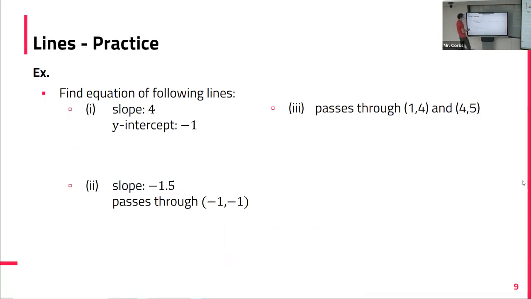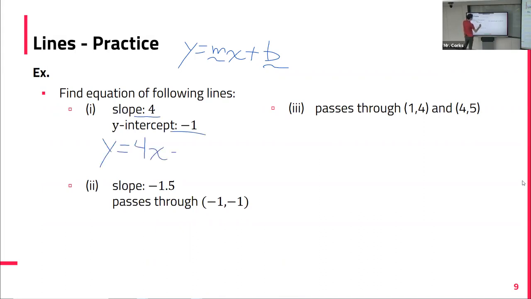So remember, equation of a line, basic format is y equals mx plus b. m represents what? The slope. So m is slope and b is y-intercept. Right. So if we remember that, then they tell us the slope, they tell us the y-intercept.